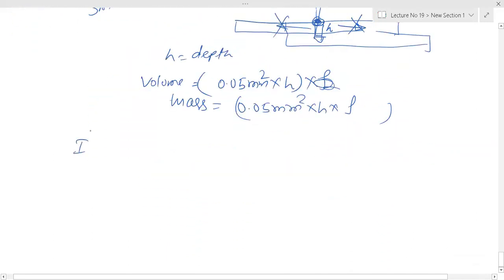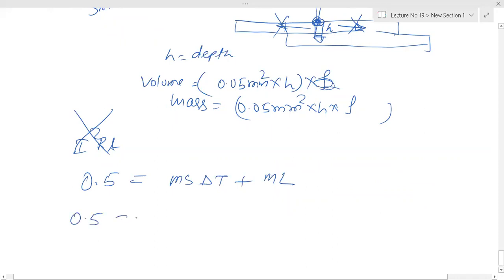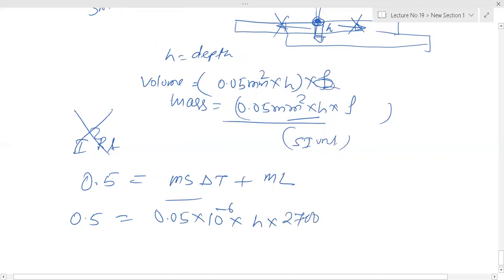Here I squared RT is not there. Directly they have given you this much energy. So m s delta T plus m L. You apply it, and you know 0.5 equals mass, 0.05 into density. This is in millimeter square, so put everything in SI units. Take h and density common.